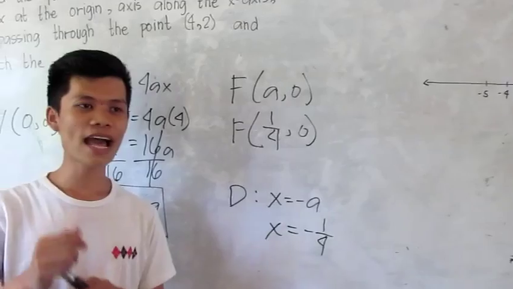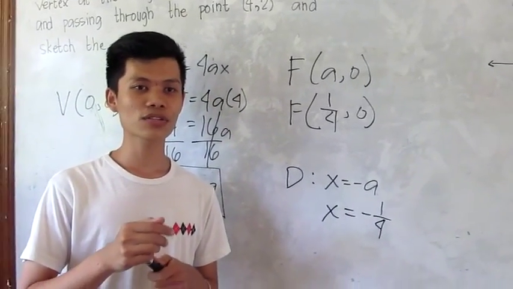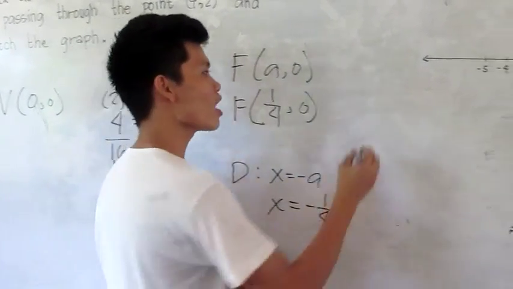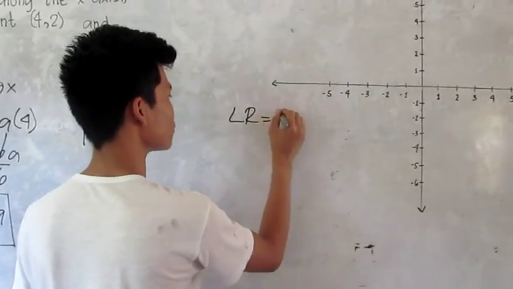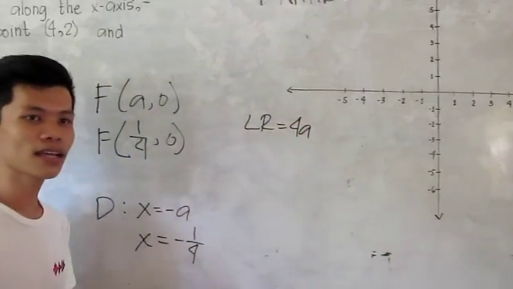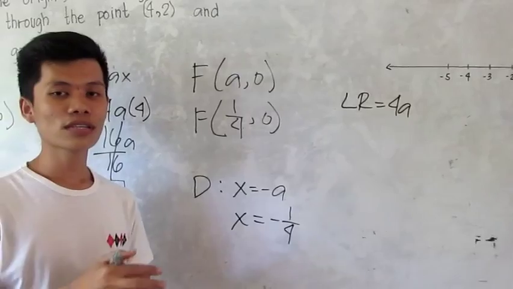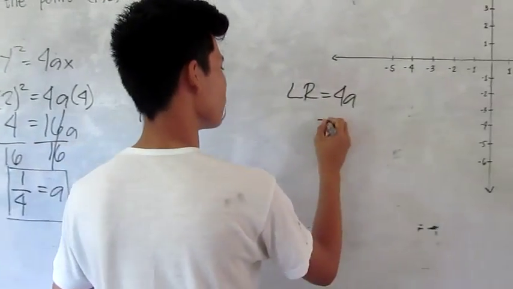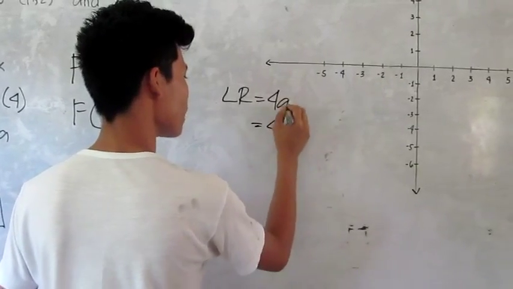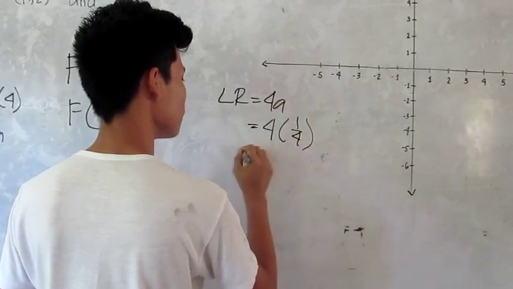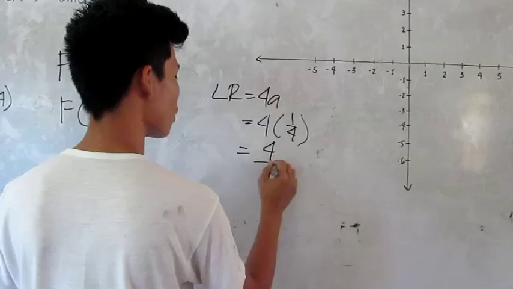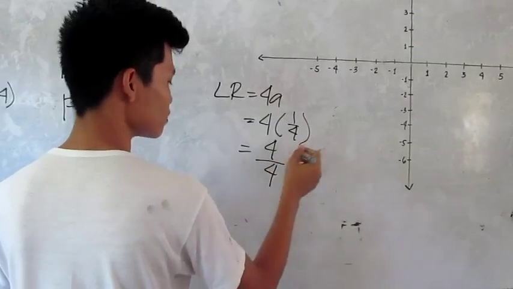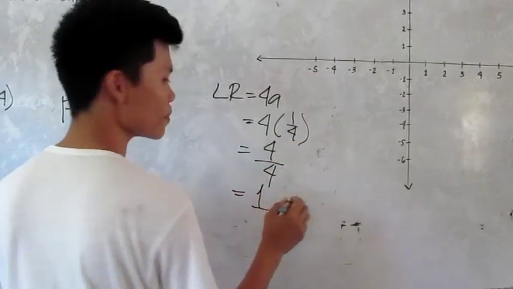Okay, we're almost done. Next is to get the latus rectum using the formula LR equals 4a. Then we are going to substitute the value of a. So 4 times 1/4 equals 4/4, and then divide, equals 1.